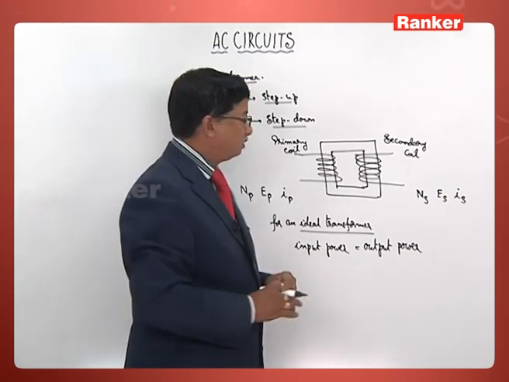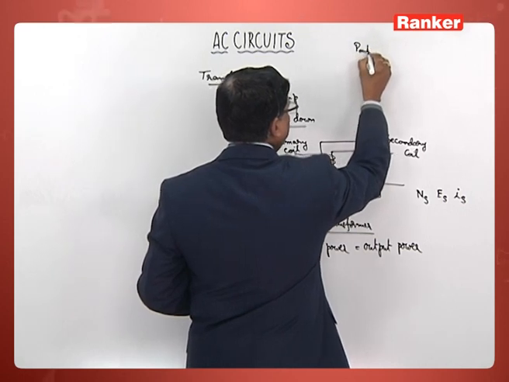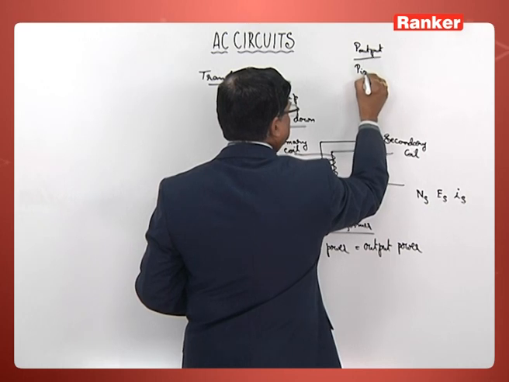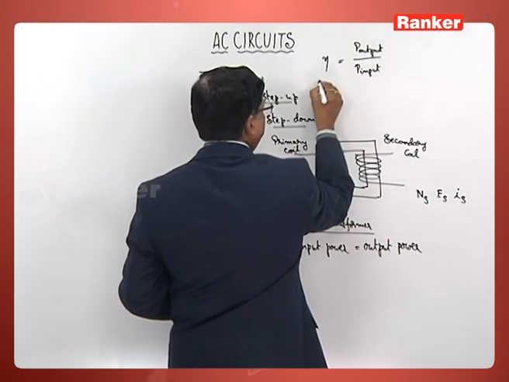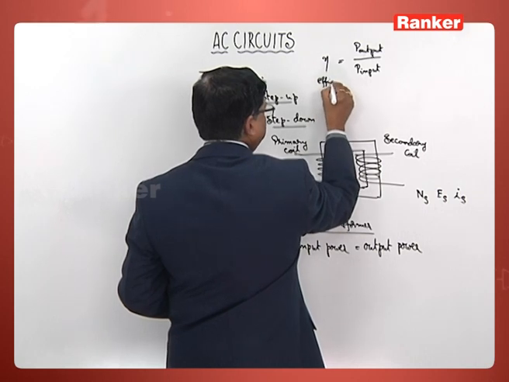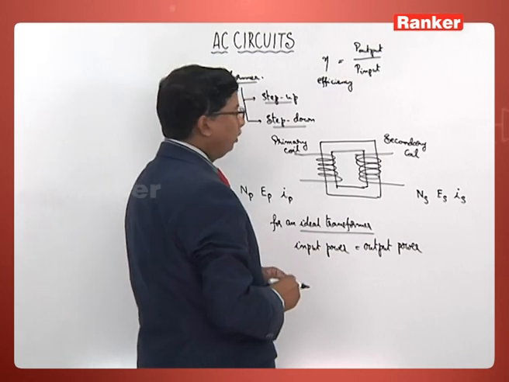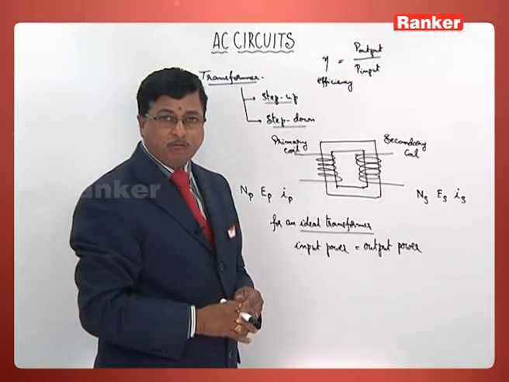Then what happens? The power output by power input, we call this efficiency. Efficiency by formula we can write as power output by power input.